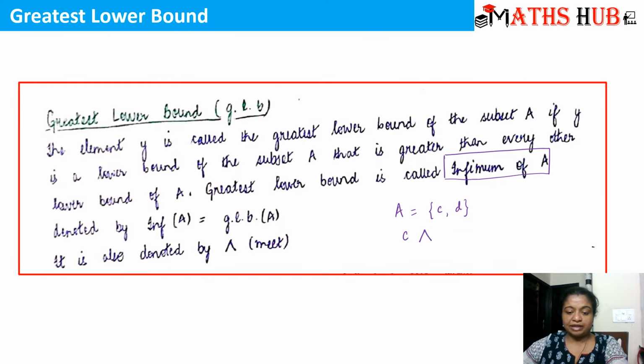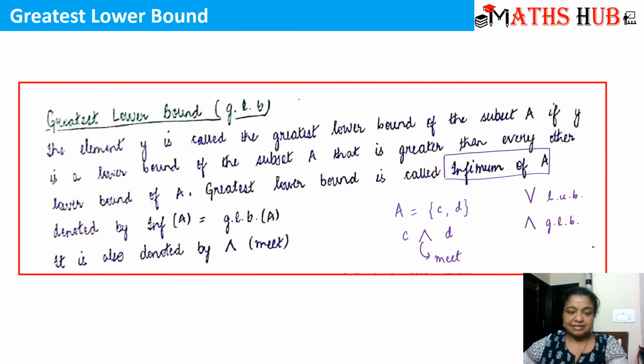So we denote it by this symbol, and this symbol is called the meet symbol, right? So we will read it as c meet d. So c meet d means we need to calculate the greatest lower bound, right? So this is the symbol for least upper bound, and this is the symbol for greatest lower bound, right?